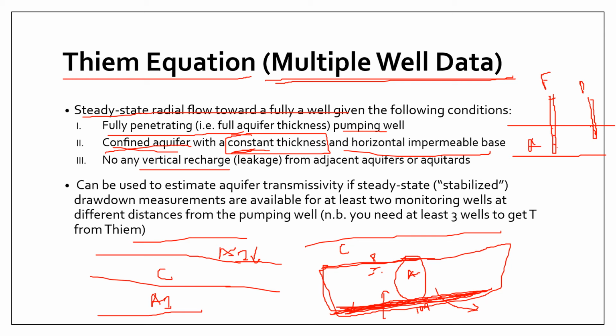But if Aquifer 2 can actually penetrate through the confining layer and give water to Aquifer 1, then that is called a leakage. So your aquifer is then leaky. So what does that mean?